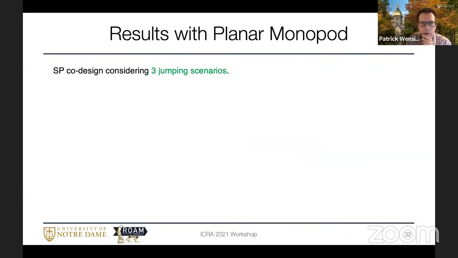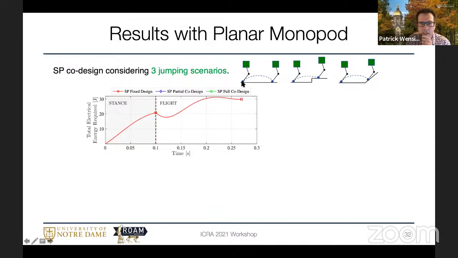So we have some preliminary results with a planar monopod here, looking at jumping onto flat ground, a stair, and a slope. We first optimized the design for jumping on this flat ground, and then evaluated it on this stair. And here you have the result in red.